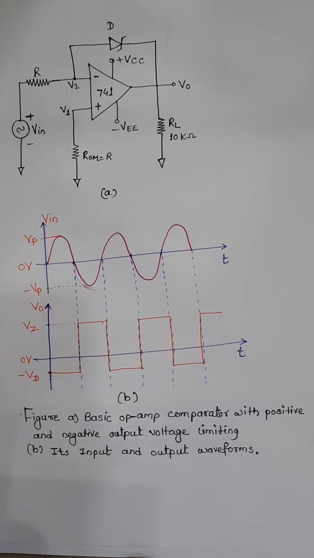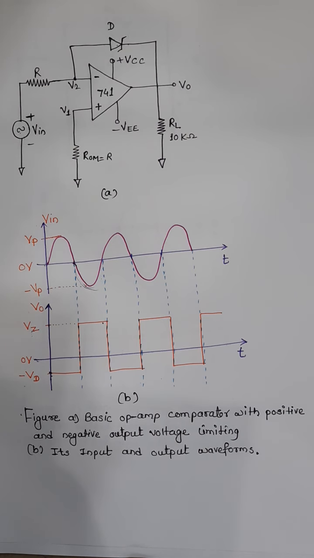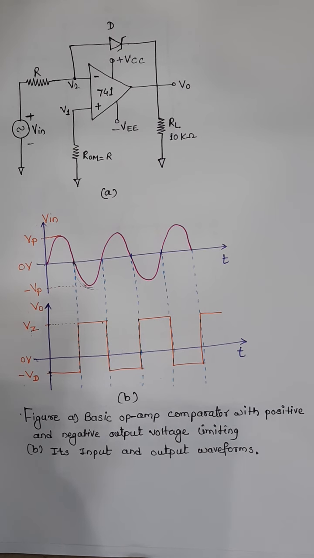With the help of this we can see the input and output waveforms also. These voltage limiters are commonly used in communication devices such as TV and FM receivers. Now we can obtain the exact opposite results by reversing the direction of the Zener diode.